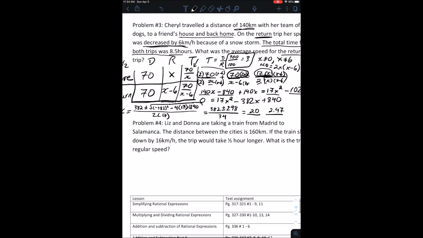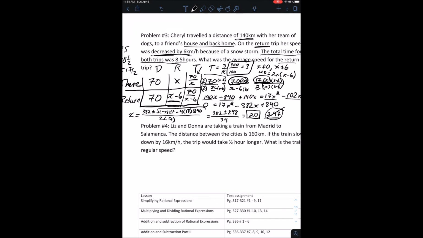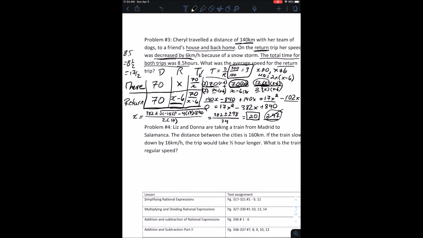And so if I look at my chart, if I put in 2.47 for x and I take away 6, I'm going to get a negative rate, which we don't really like in math. So maybe you guys do that in physics, but in math we don't. So there it is, 20. So that's my answer. The speed going there is 20 kilometers per hour.